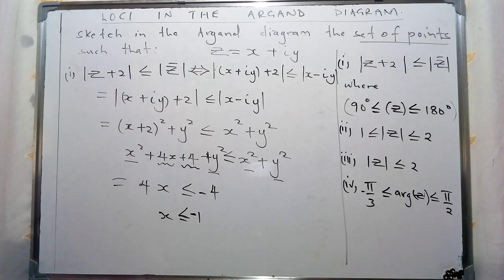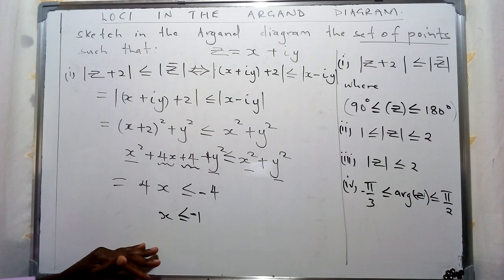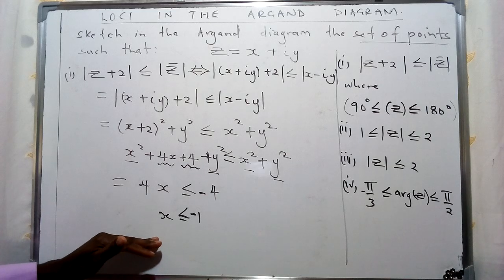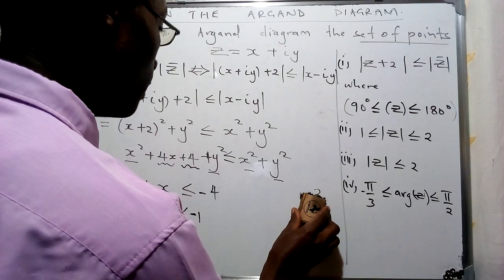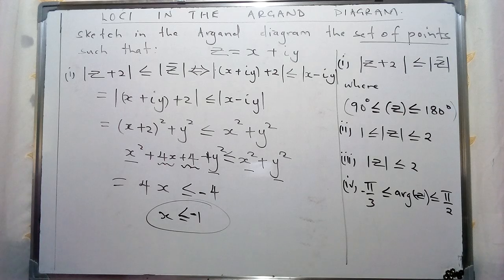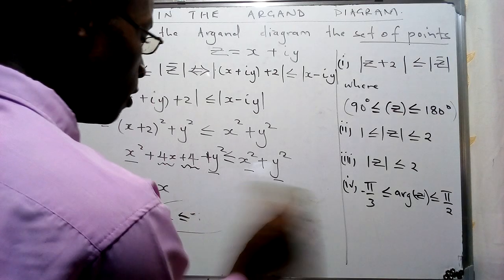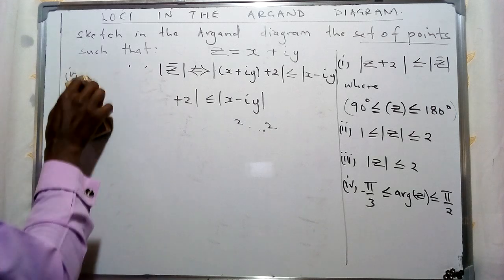And this, of course, gives us the line that we are going to consider in trying to represent what we refer to as a locus. So in this case, we represent this in the Argand diagram, considering the evaluation we have found for x, which is smaller than or equivalent to negative 1.